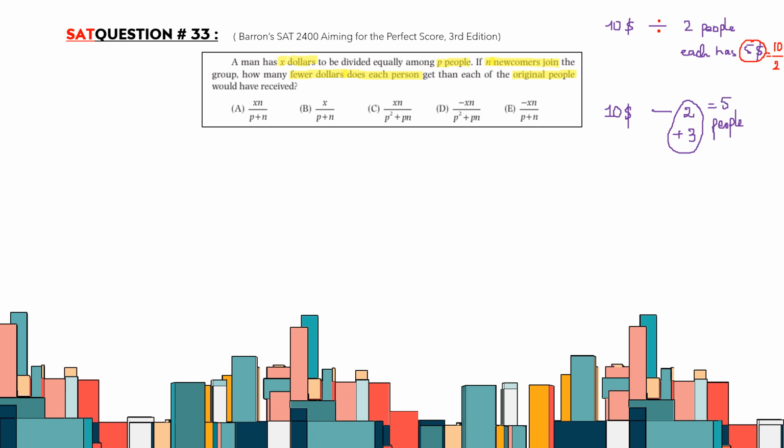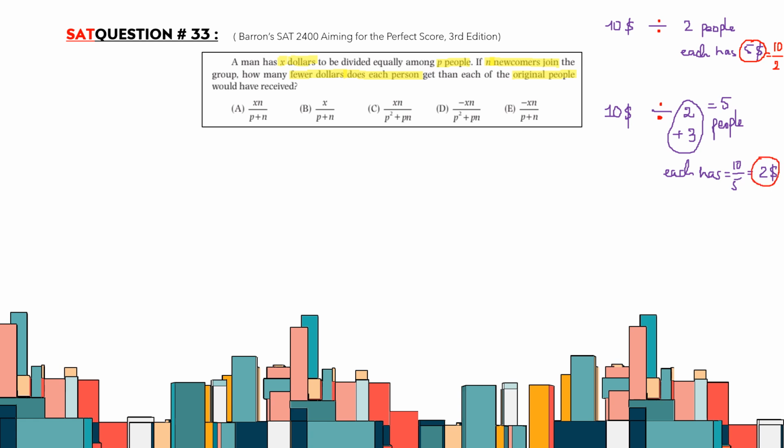We're still finding what each person has. Each has 10 divided by 5, which equals $2.